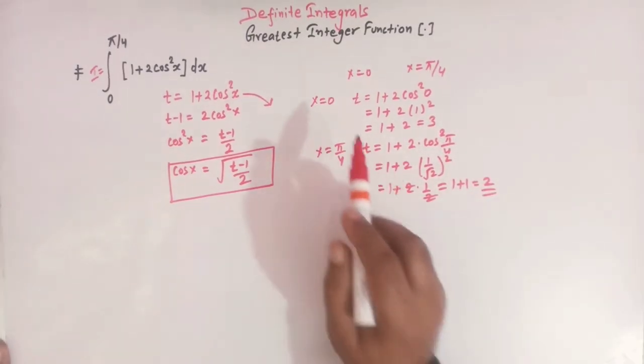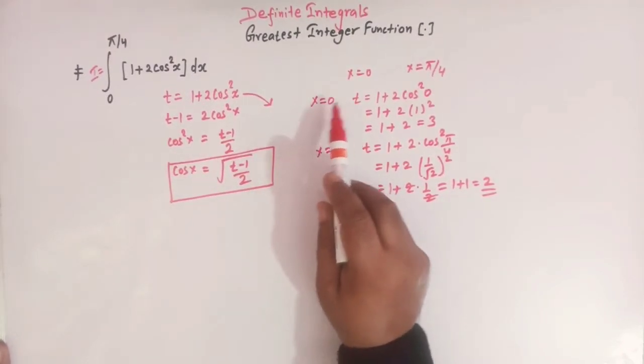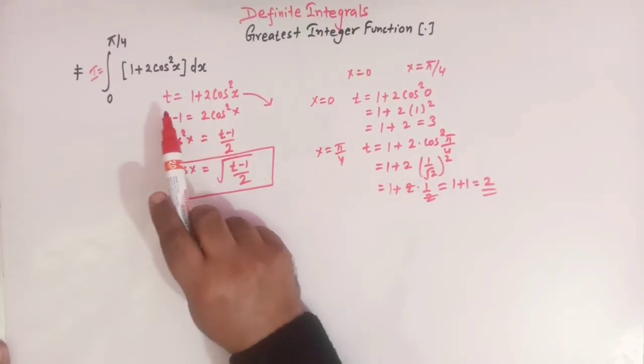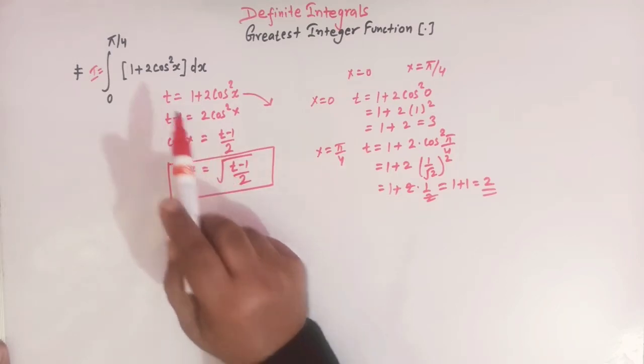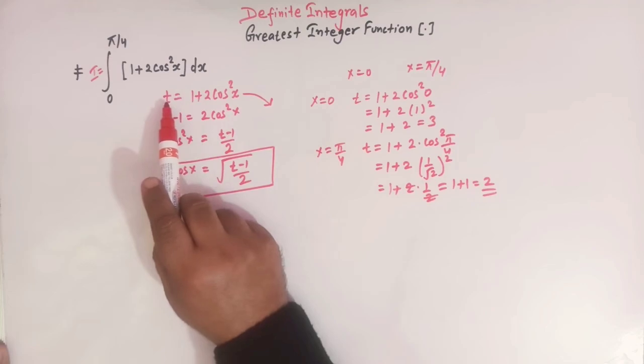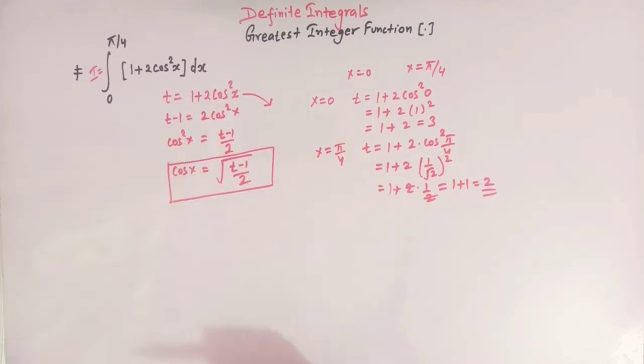Once we have changed the limits, and we have cos x equal to square root of t minus 1 over 2, we will differentiate with respect to x.